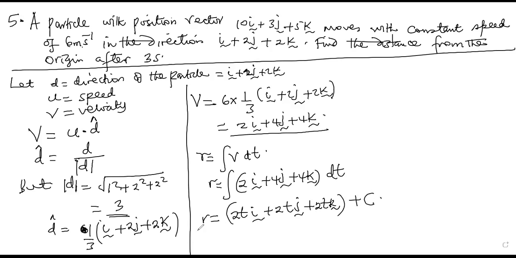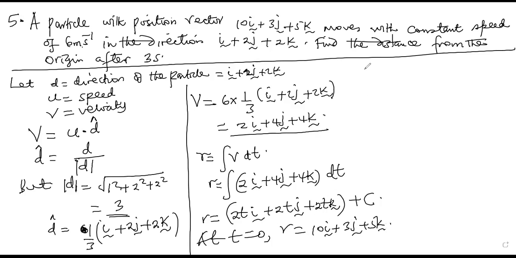I told you to get the constant, you have to bring in that at time t equals 0, what was r? A particle with position vector. So it was this position vector, 10i plus 3j plus 5k.